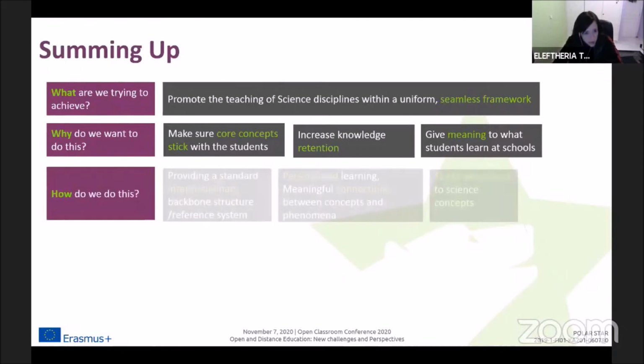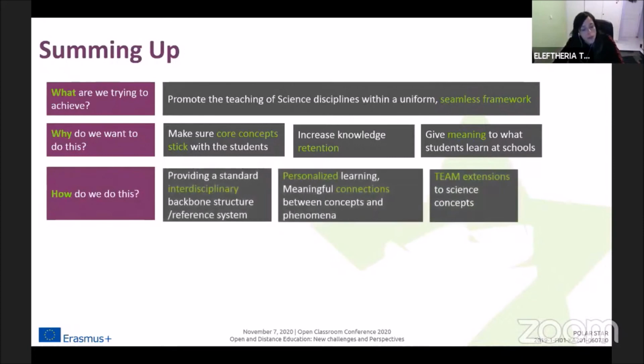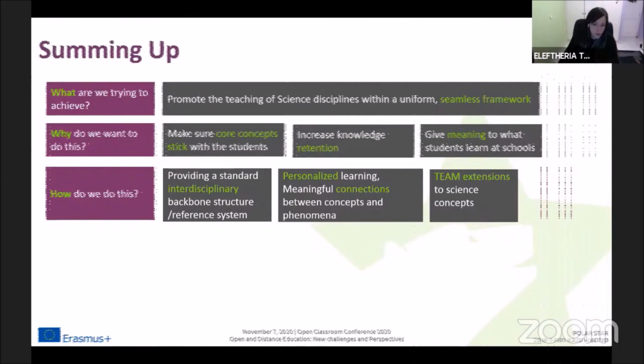How do we do this? We do it by providing the big ideas of science as a standard interdisciplinary backbone structure, or reference system, if you'd call it. We do this by making sure that we personalize learning as much as possible, and by adding meaningful connections between concepts.